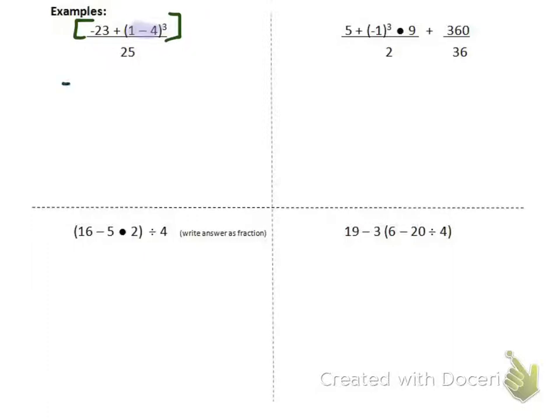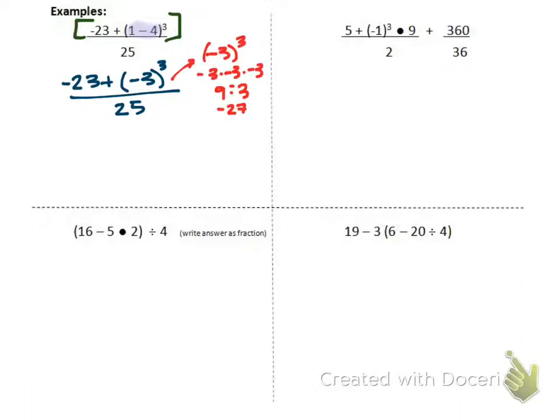So this looks like negative 23 plus negative 3 raised to the power of 3, all divided by 25. And negative 3 raised to the power of 3 can be expanded out to look like negative 3 times negative 3 times negative 3, which is 9 times negative 3, which is negative 27.